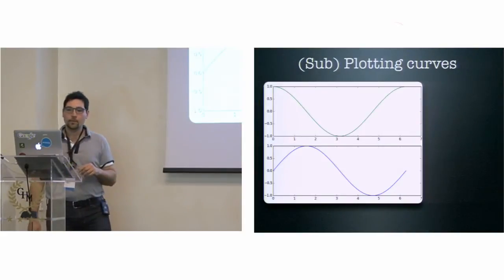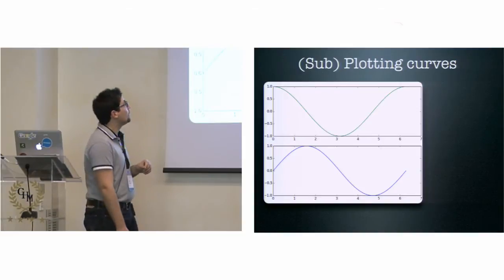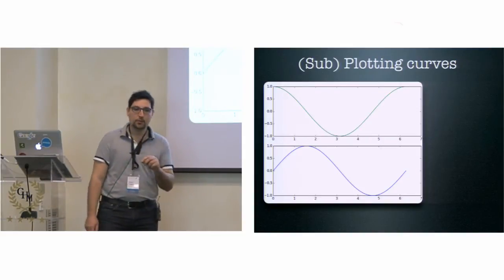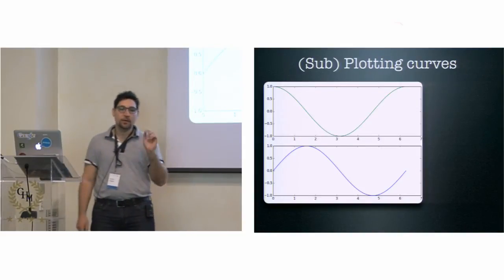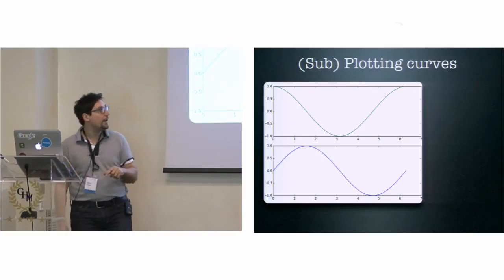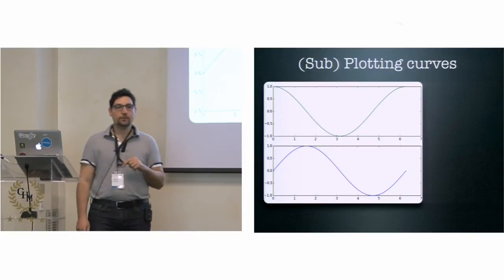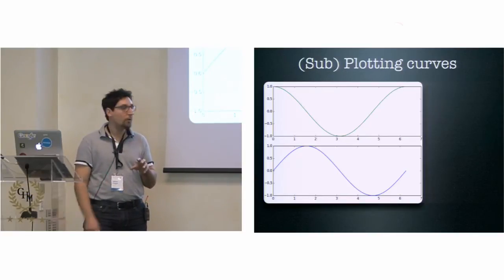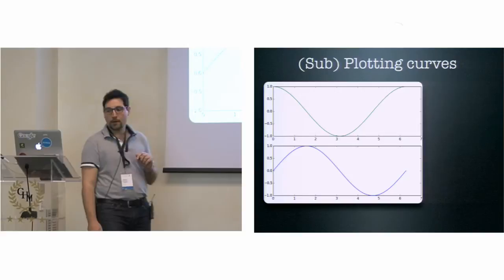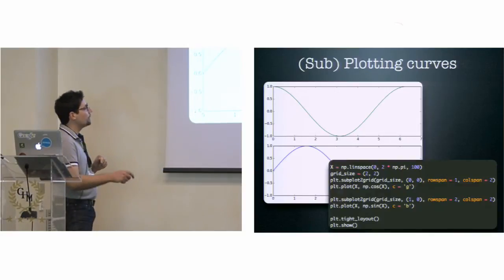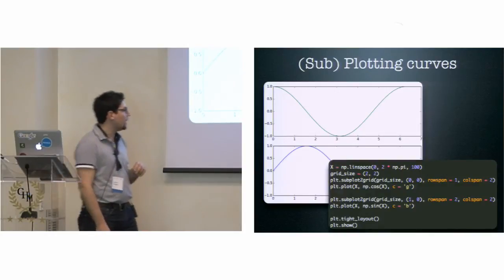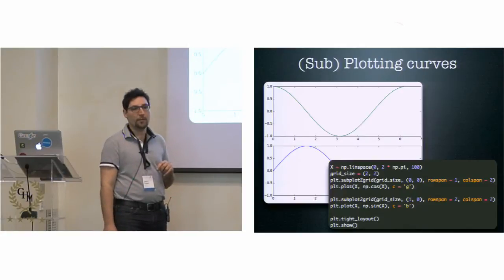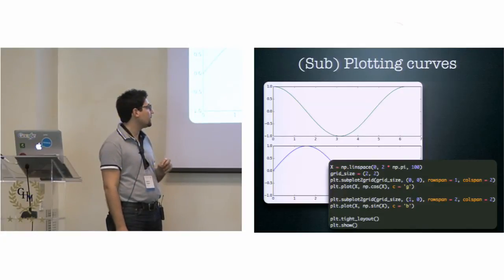Go ahead. In this case, we do not want to produce multiple plots in the same plot, but we want to create subplotting curves. So in the same single figure, we want to show two different curves. In this case, we have just some more lines of Python to write, but they are very simple.